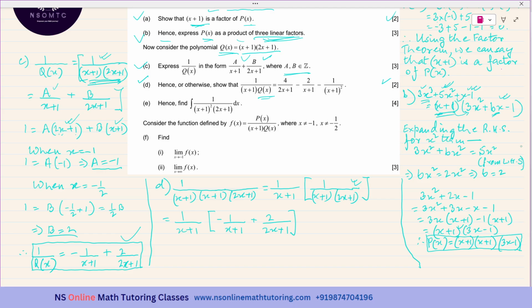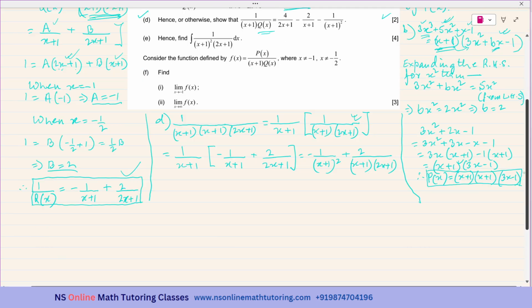So this is equal to negative 1 over x plus 1 whole square plus 2 over x plus 1 times 2x plus 1. This first one stays, minus 1 over x plus 1 whole square.